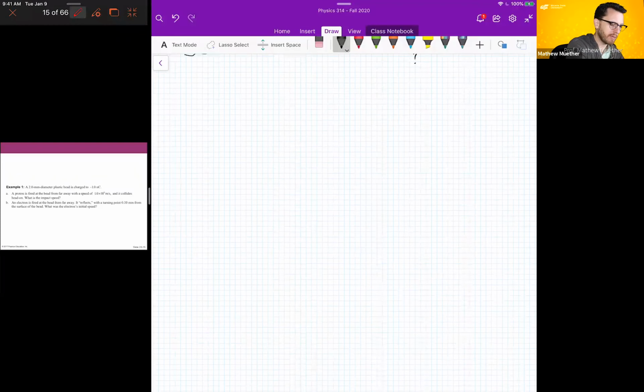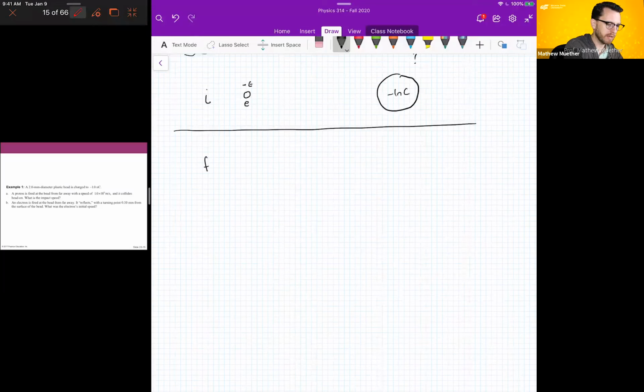Let's set up our initial and final states again. Now we have an electron over here, so it has minus a fundamental charge sitting on it. And we have our -1 nanocoulomb bead here. And it says this thing is going to move towards here, right?